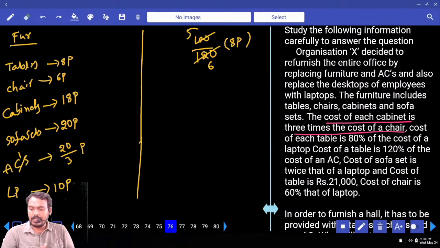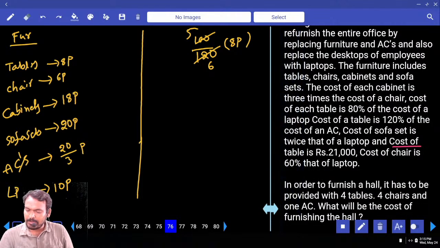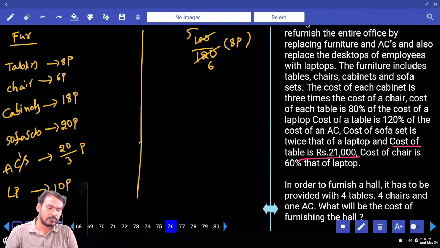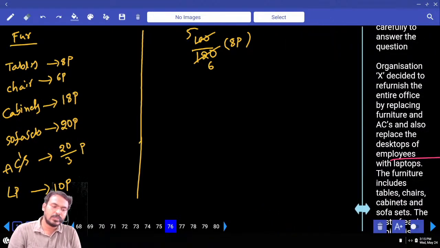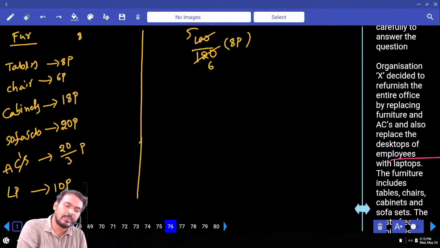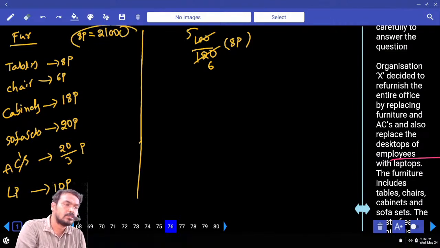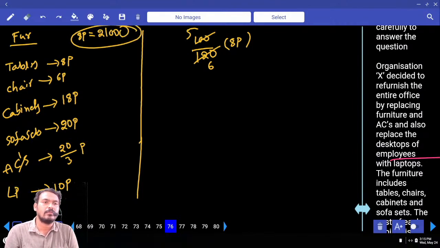Any other clue? All are over. And what is the last line? Cost of a table is how much? 21,000. Cost of a table 21,000 means 8 parts value equal to how much? 21,000. Simplify this, we get the 1 part value.